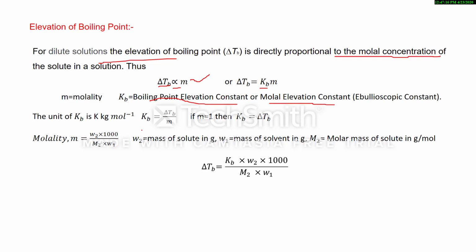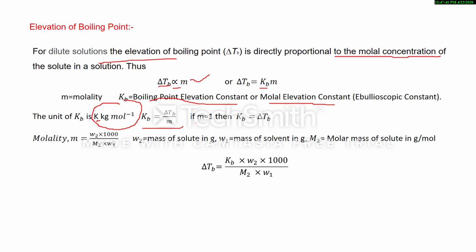Now what will be the unit of this Kb? Kb is delta TB divided by m. The unit of delta TB is Kelvin, and m is the molality, mole per kilogram, and its reverse becomes kilogram per mole. So the unit of Kb is Kelvin kilogram per mole.